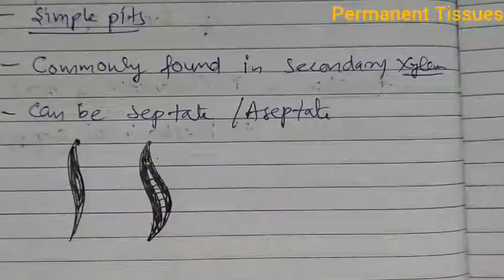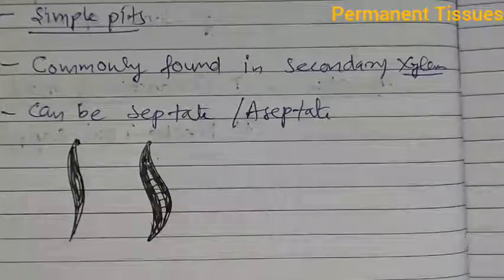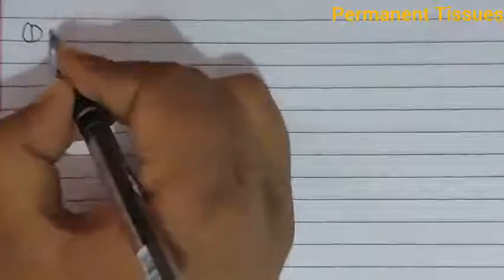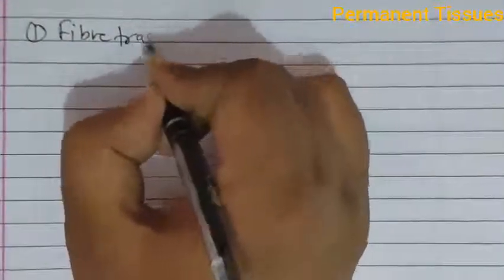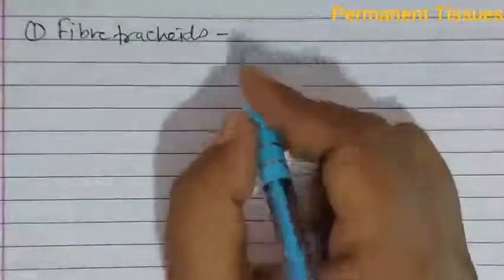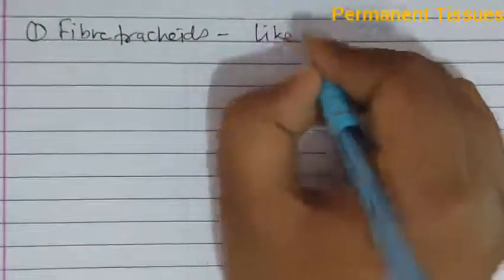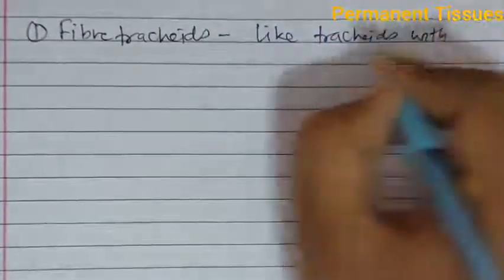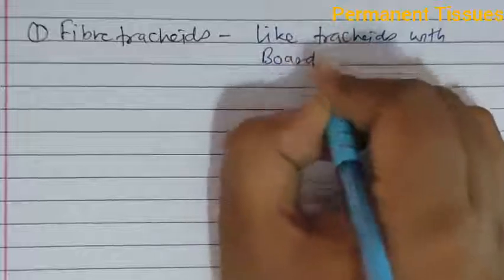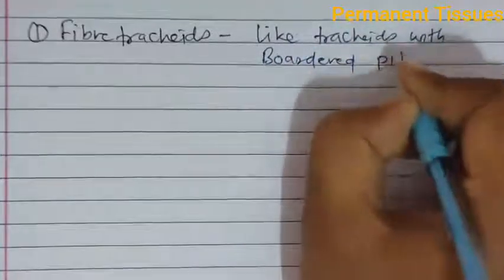Now when we talk about this fiber, they are of different forms. The first one is fiber tracheids. Fiber tracheids are like tracheids with bordered pits.